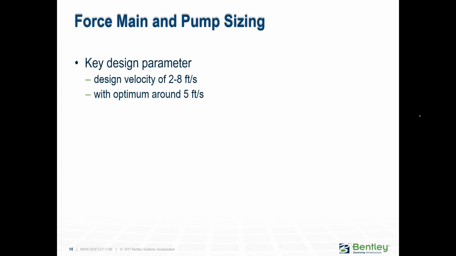All right, so we said at the beginning that we size the pipe first, the force main. And how do we go about that? Well, the key design parameter is the velocity. So you know what the flows are going to be, and you know the velocity, so therefore you can figure out the diameter pretty easily.